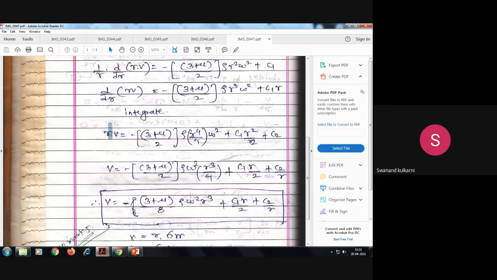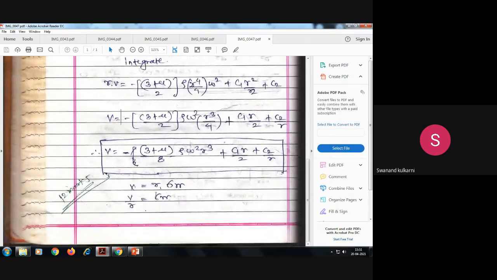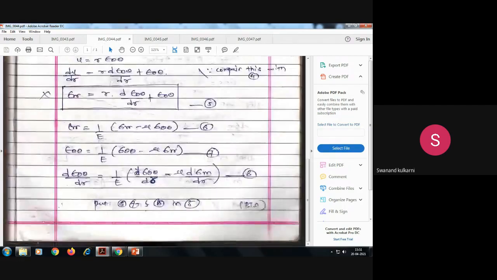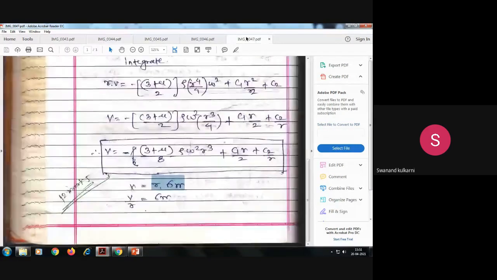Once again this total equation is divided by r in order to get the v term present here. And then once again resubstituting, v is equal to r into sigma rr, because we have substituted here that r into sigma rr is equal to v. So again v is equal to r into sigma rr.